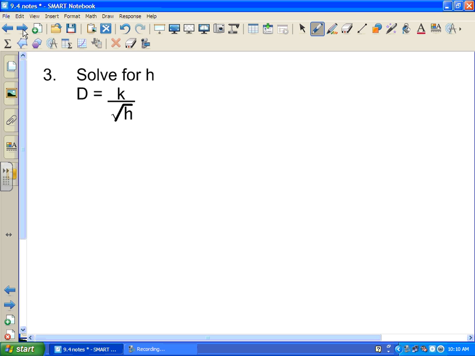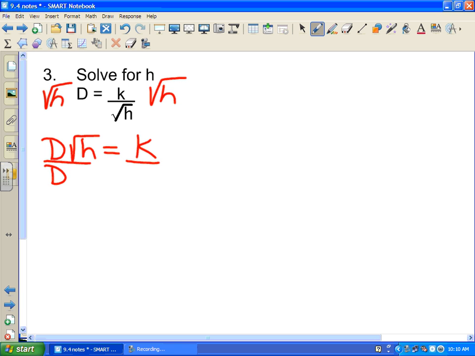So d equals k over radical h. We're going to try to get radical h by itself. But before you worry about that, just get rid of the fraction. So multiply both sides by radical h. Divide by d. Try to get radical h by itself.